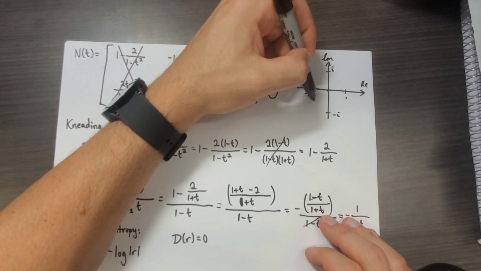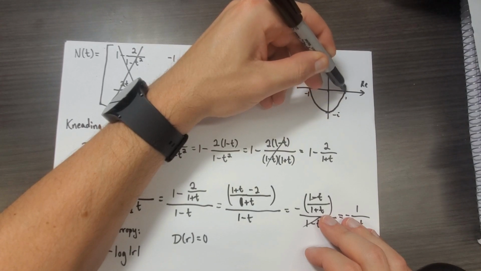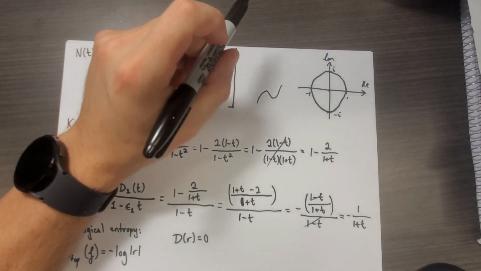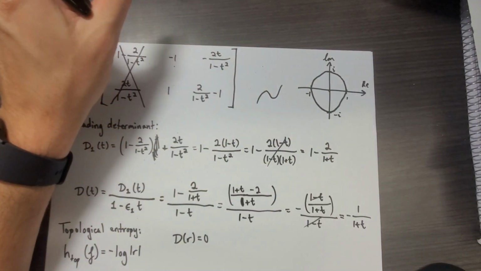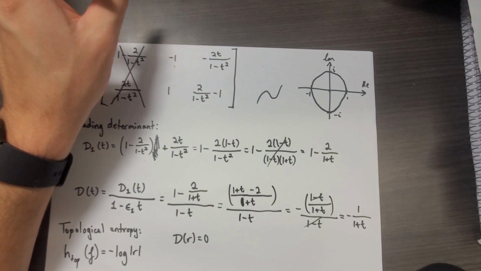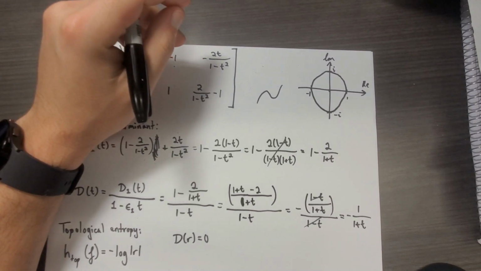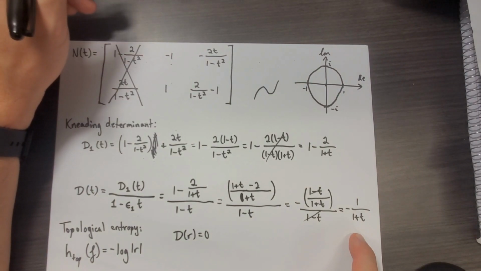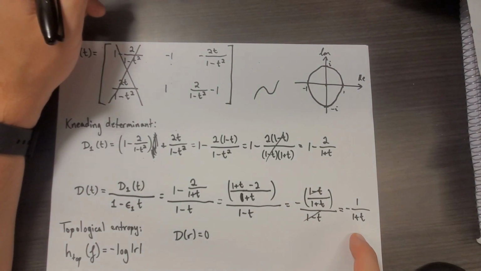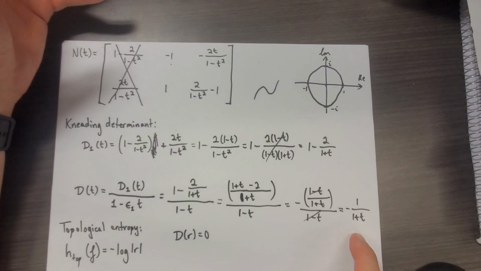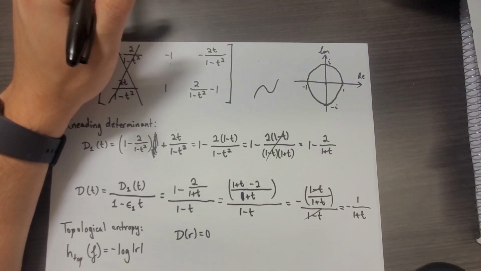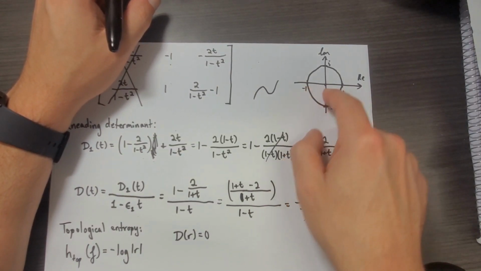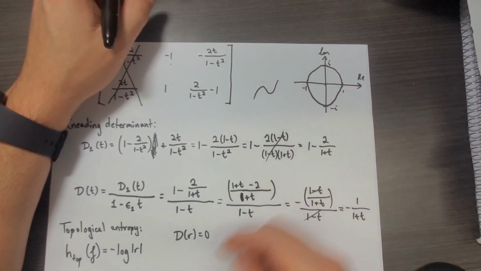If I draw the unit circle, this isn't a very neatly drawn circle, I'm assuming you probably know how to take the modulus of a complex number. You can plug any complex number into this kneading determinant, which is a power series, and evaluate what it produces with that complex number plugged in. And you can get 0 for not only real inputs, but also imaginary or just general complex inputs.